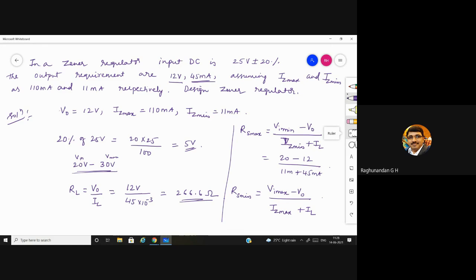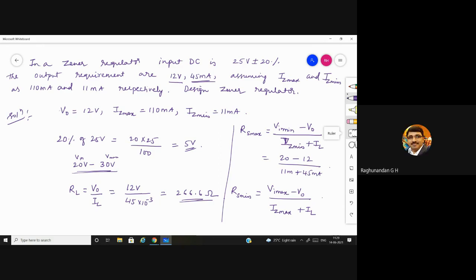Okay, just one question. In this case, what is the breakdown voltage of the Zener diode you'll be using here? 12 volt.